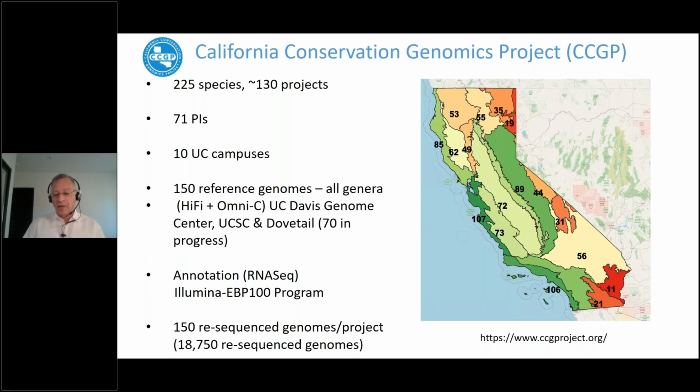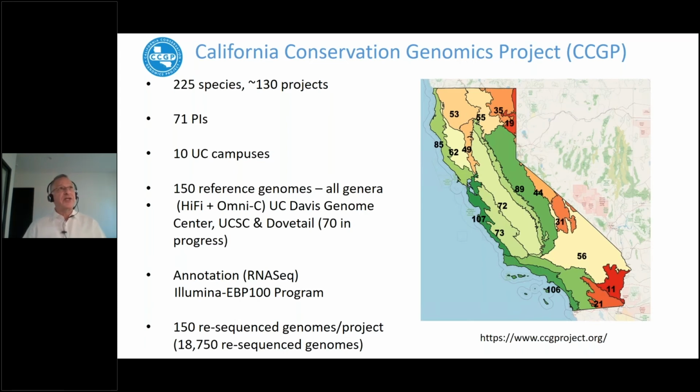And this will all be done at the UC Davis Genome Center for the HiFi sequencing, at UC Santa Cruz, and Dovetail for scaffolding and assembly. And right now there are about 70 species whose reference genome sequencing and assembly are in progress. The goal is to complete all 150 by the end of July of this year.